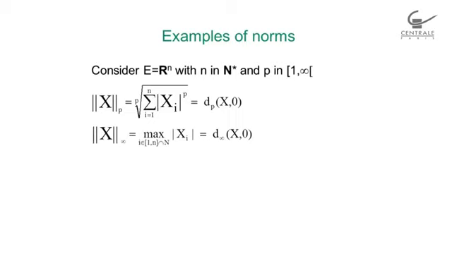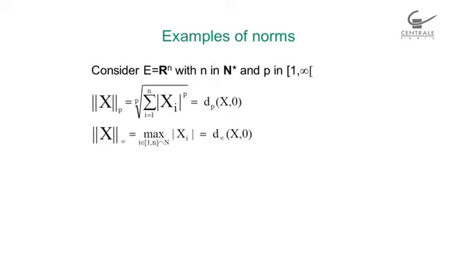Another example, or actually another infinity of examples: the norm p and the norm infinity defined on Rn. First of all, Rn is obviously a vector space, and I can define the norm p as the pth root of the sum of all the components of x raised to power p with an absolute value, which, by the way, is the distance dp between x and 0.